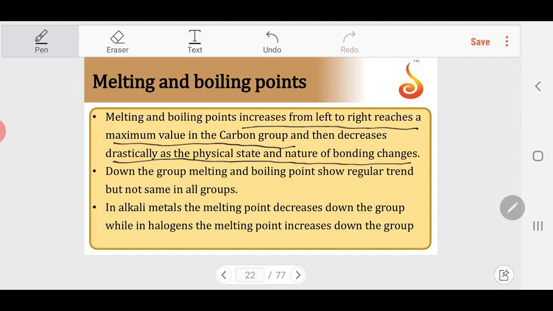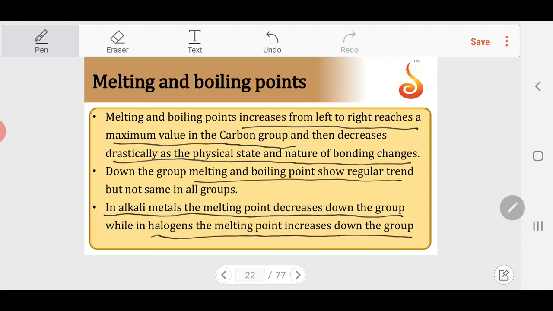Down the group, melting and boiling points show a regular trend, either increasing or decreasing, but the variation is not the same in all groups. In alkali metals the melting point decreases down the group, whereas in halogens the melting and boiling points increase down the group.